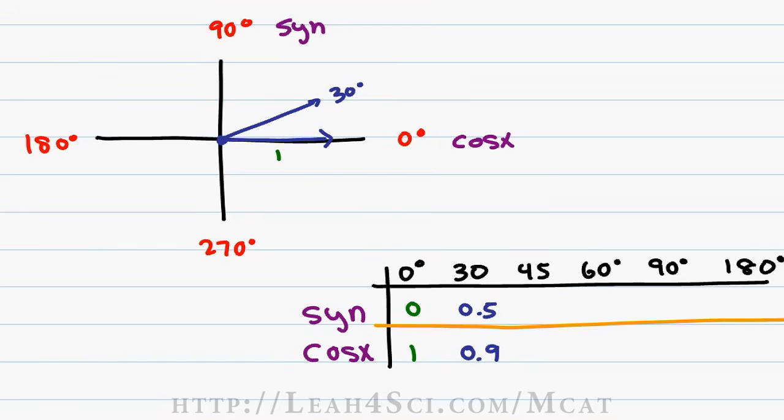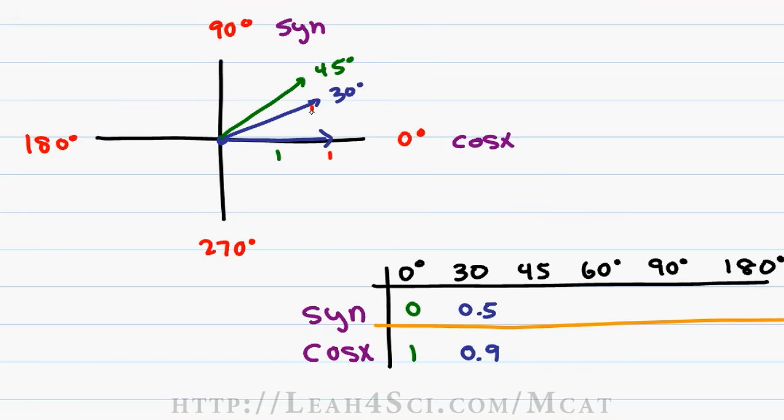Now you can memorize 0.866, but this trick will be easier if you recognize that 0.866 is very close to 0.9, and that on the MCAT, when you round, your answer will typically be close enough. If we raise that line to 45 degrees, notice that our cosine value keeps getting smaller and smaller.